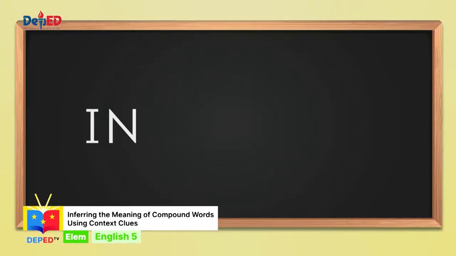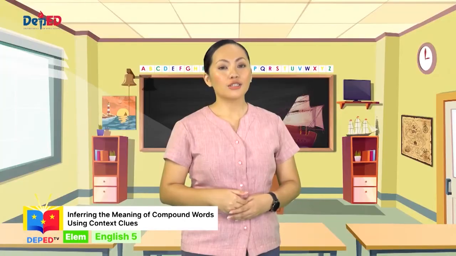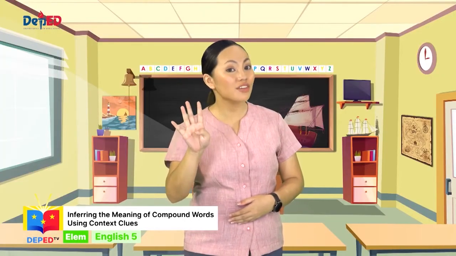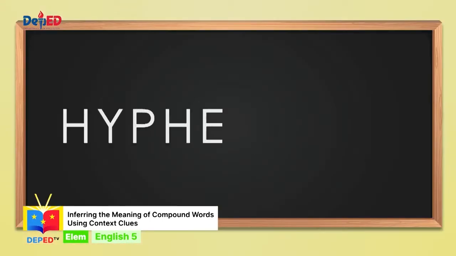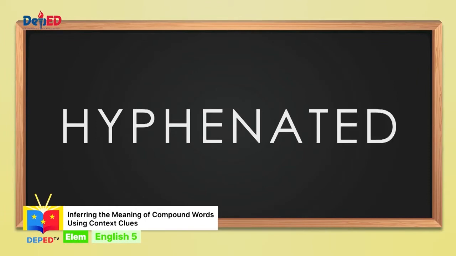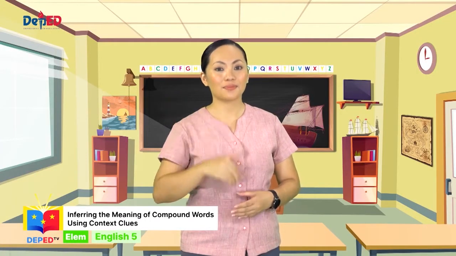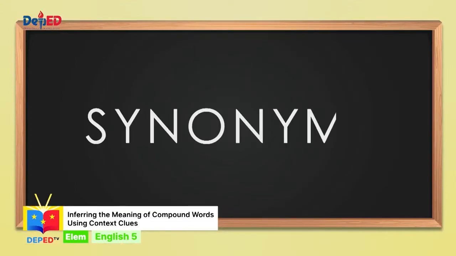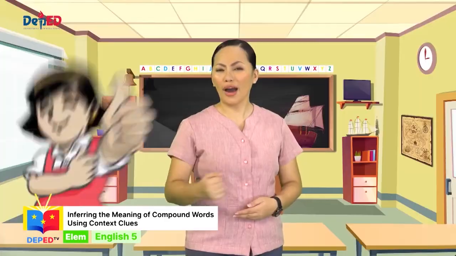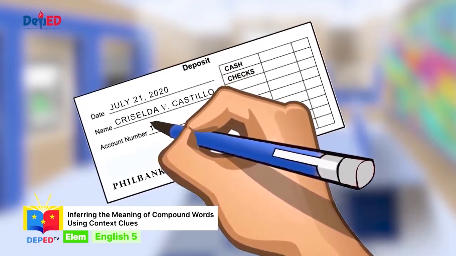That's I-N-F-E-R-E-N-C-E. Number 4, hyphenated. That's H-Y-P-H-E-N-A-T-E-D. Number 5, synonyms. That's S-Y-N-O-N-Y-M-S. Wow, great job!